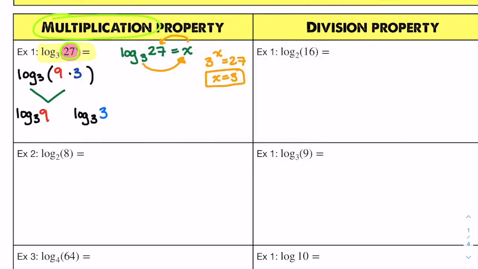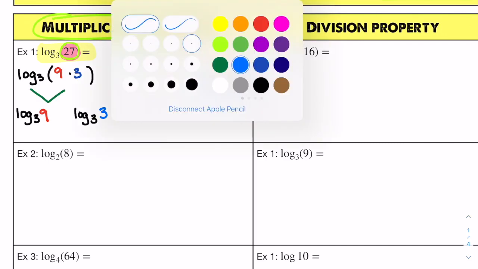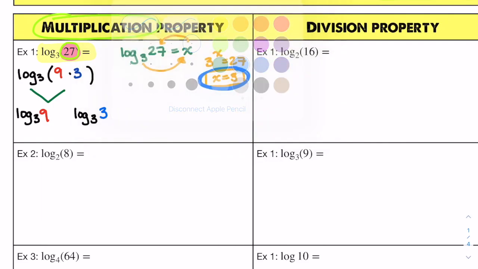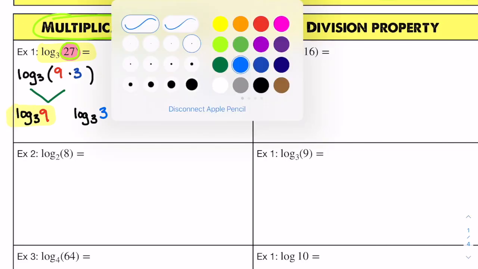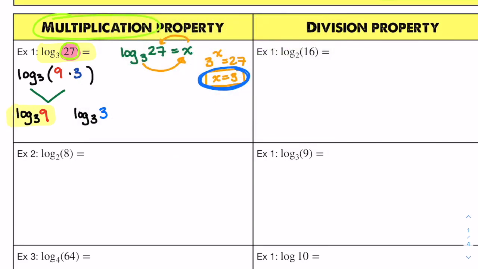Okay, so we know that our answer is 3. We know that's what we're trying to get to. But I want to see if we can work with these 2 logs separately, and still come to an answer of 3. So let's look at this first log, log base 3 of 9. You should be able to pretty quickly solve that in your head because this is pretty much asking, 3 to what power is 9?